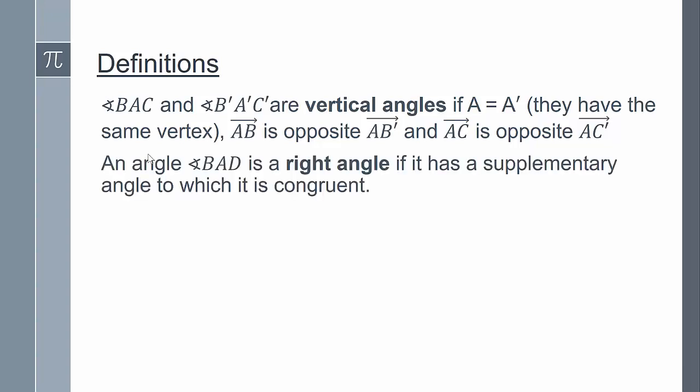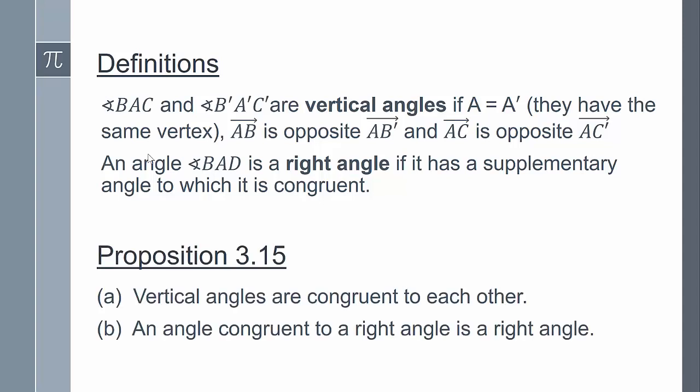An angle BAD is a right angle if it has a supplementary angle to which it is congruent. So now let's look at proposition 3.15. Part A states that vertical angles are congruent to each other, and part B says an angle congruent to a right angle is a right angle.